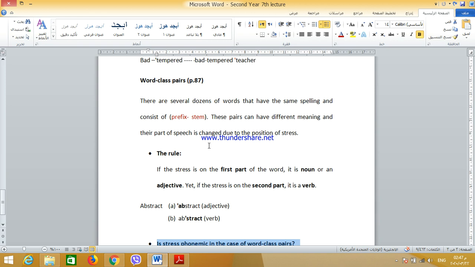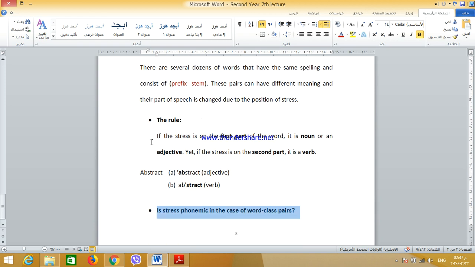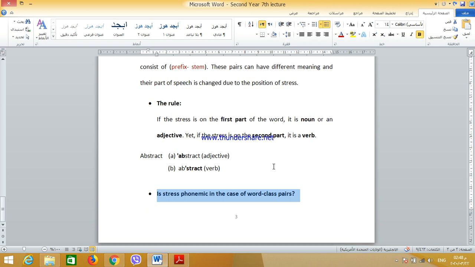So if the stress is on the first part, it means something, and the grammatical category of it is something. When the stress is changed to the second part, the meaning is going to change and the grammatical category of the word is changed. Here we have a rule. If the stress is on the first part of the word, it is a noun or an adjective. Yet, if the stress is on the second part, it is often a verb.